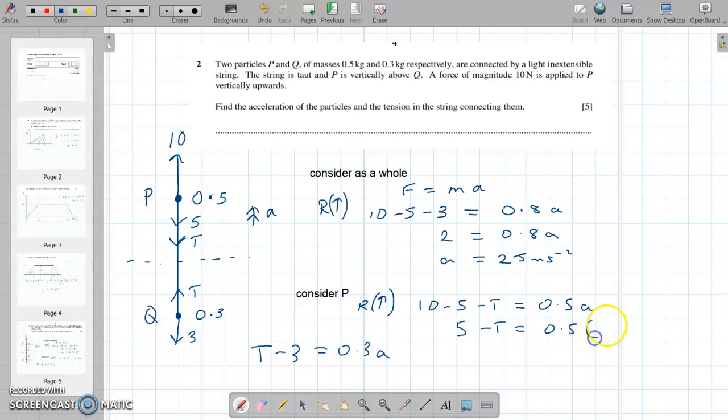What was A? A is 2.5. So solving that, you find that T is 3.75 newtons. And if you solve this, you'll also find that T is 3.75 newtons.